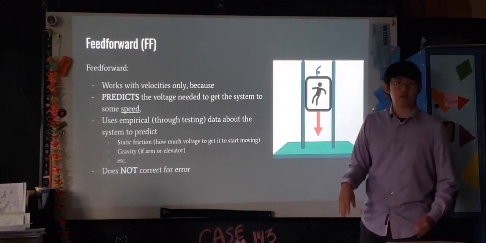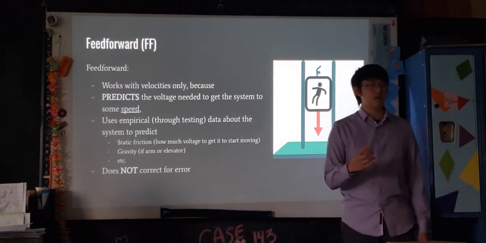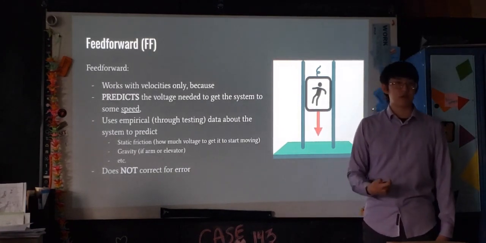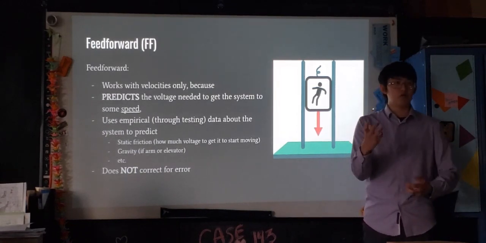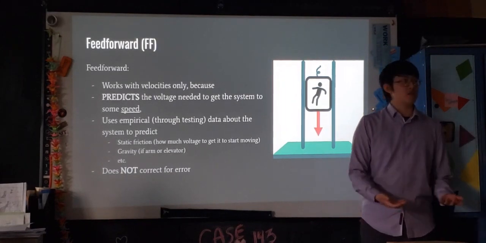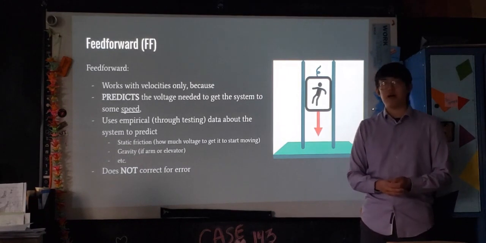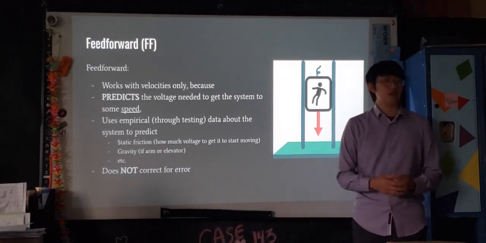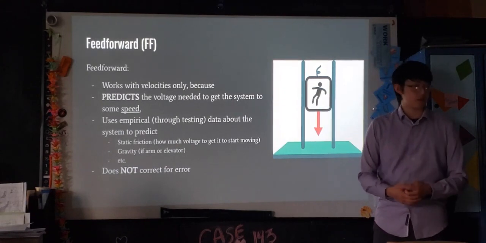Static friction means going from 0, how much voltage do you need to get the motor to start moving? And this, of course, differs. If your motor has nothing on it, it will take very little voltage for it to start moving. If you have a massive arm attached to it, it will take more voltage to get it to start moving. That's why these feed forward constants need empirical data. You need to test it in order to get these constants.